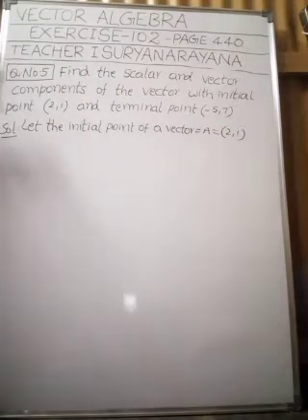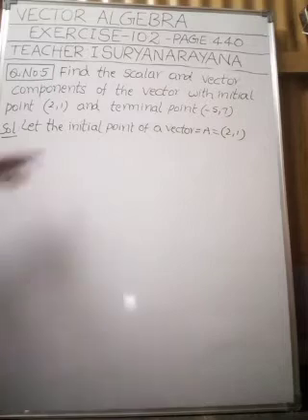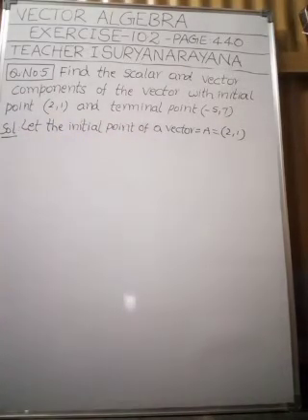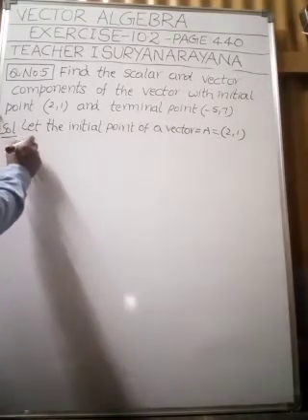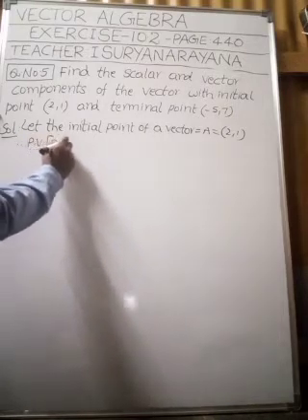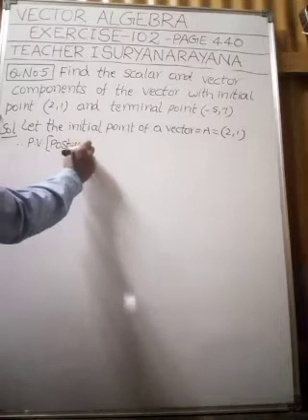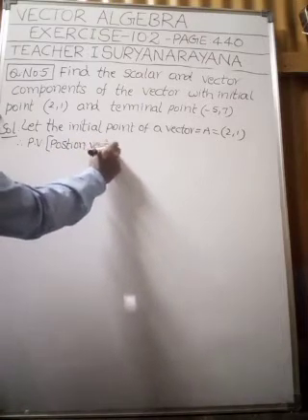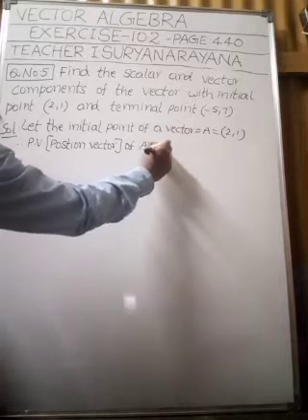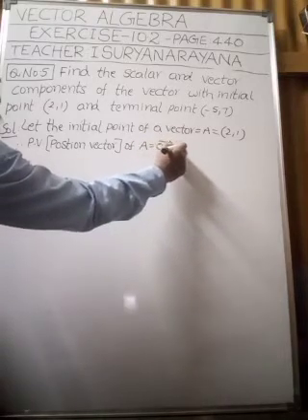So in this vector algebra, if a point is given, immediately we have to choose its position vector. Okay, my children? Therefore, the position vector of the point A is denoted by OA bar.